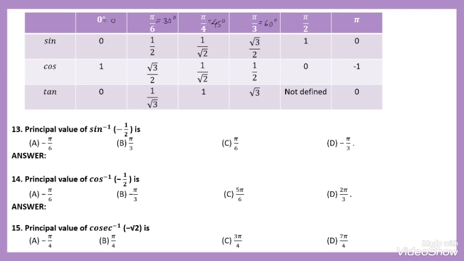Next, similarly, pi by 2 denotes the 90 degree and pi denotes the 180 degree. Here these are the radian form. Pi by 6, pi by 4, pi by 3 are all in radian form.